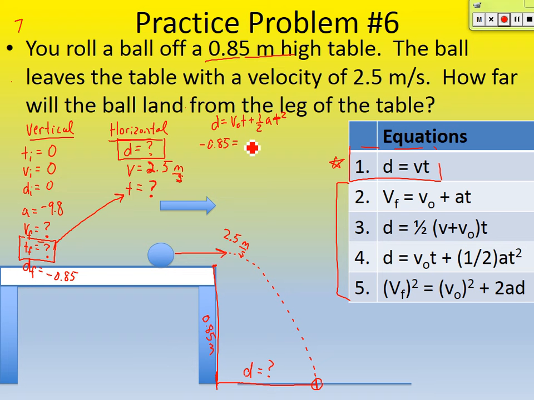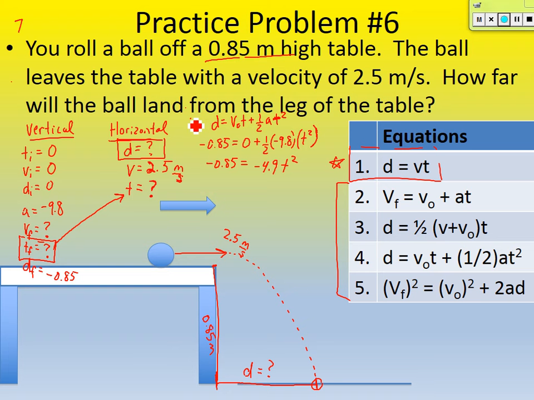So that whole term goes to 0. Plus 1/2 times a negative 9.8 times t squared. Okay, now let's simplify this a little bit. We've got a negative 0.85 is equal to half of a negative 9.8. Isn't that a negative 4.9 t squared?